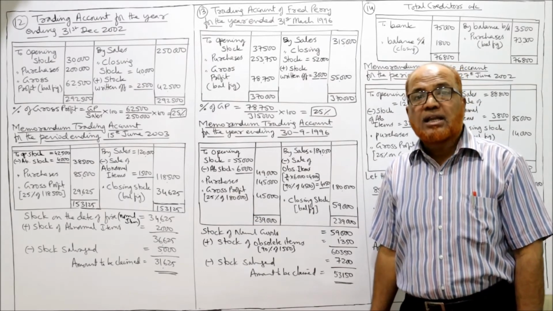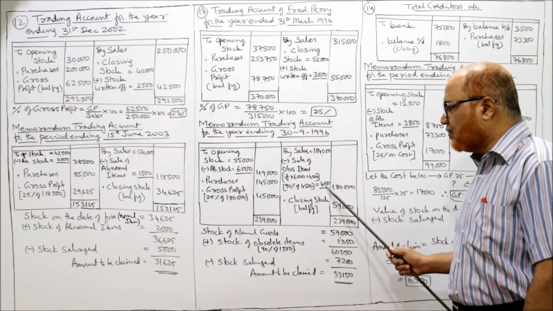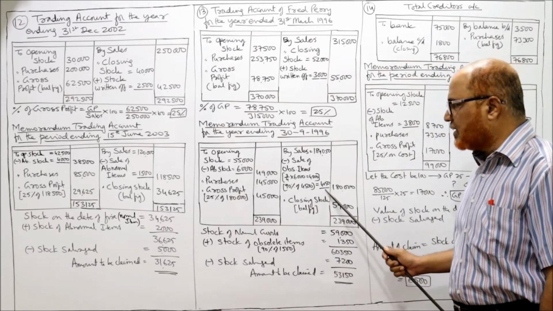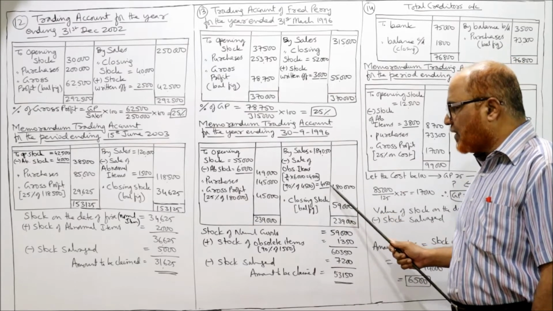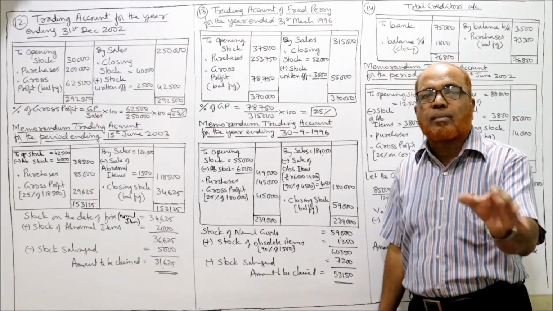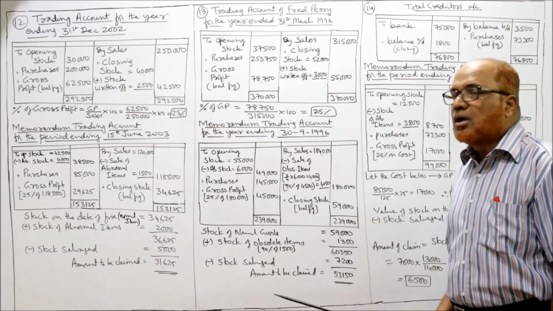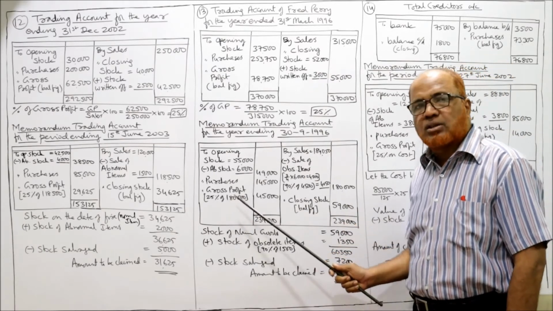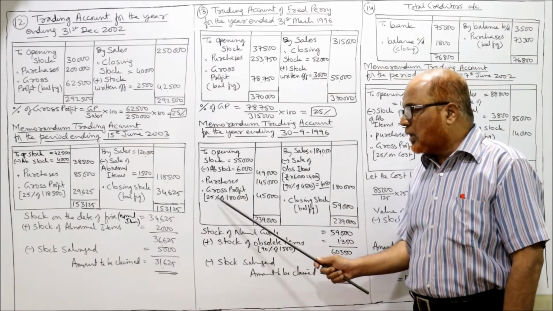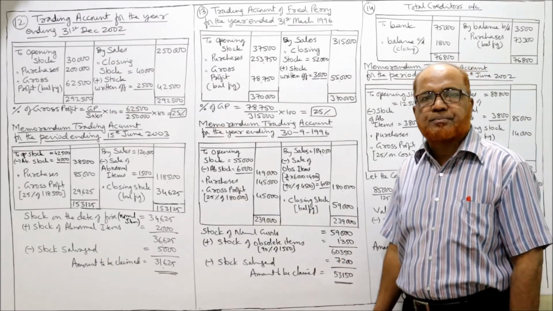So 90% of 4,500 is 4,050. Subtract 4,050. 1,80,000 is the sale of normal items. Gross profit is 25% on the sale of normal items. So 25% of 1,80,000, you are getting 45,000 gross profit.